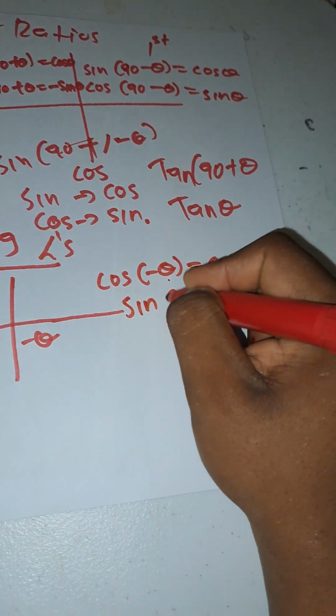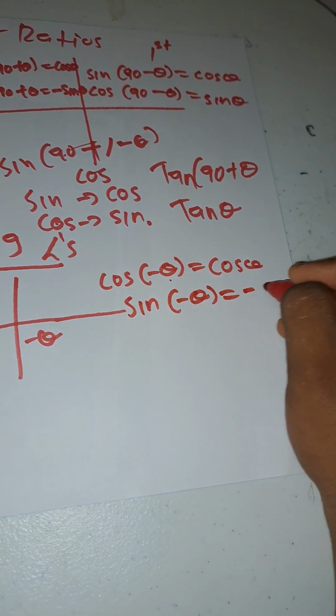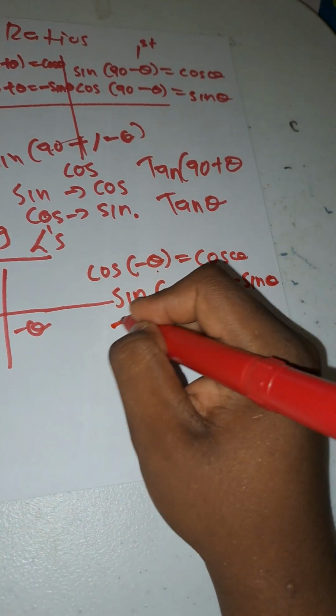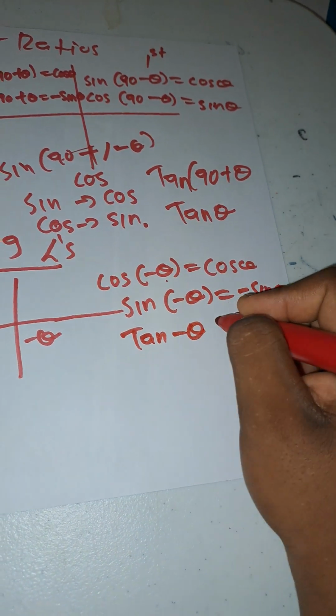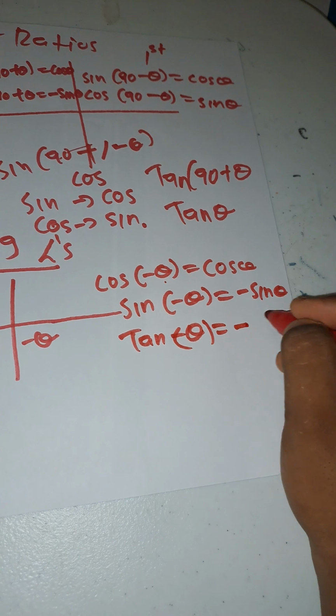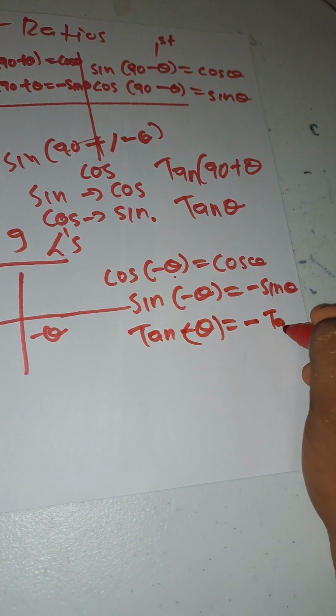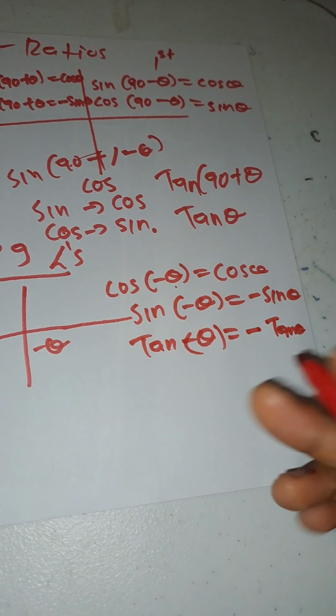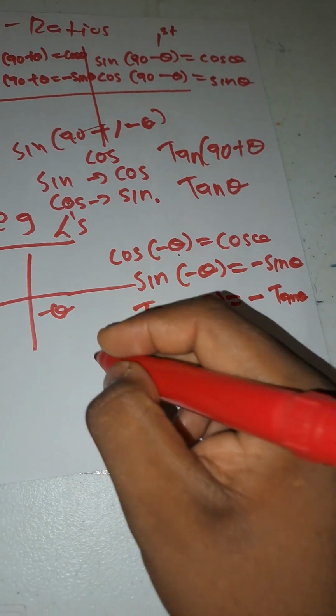But sine negative theta is negative sine theta. And tan negative theta is equal to negative tan theta. The reason for all of this is the graphs.